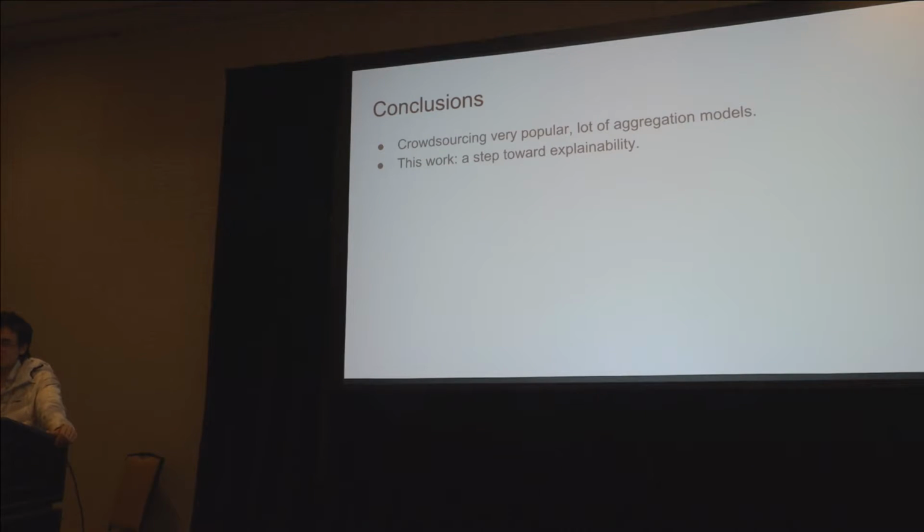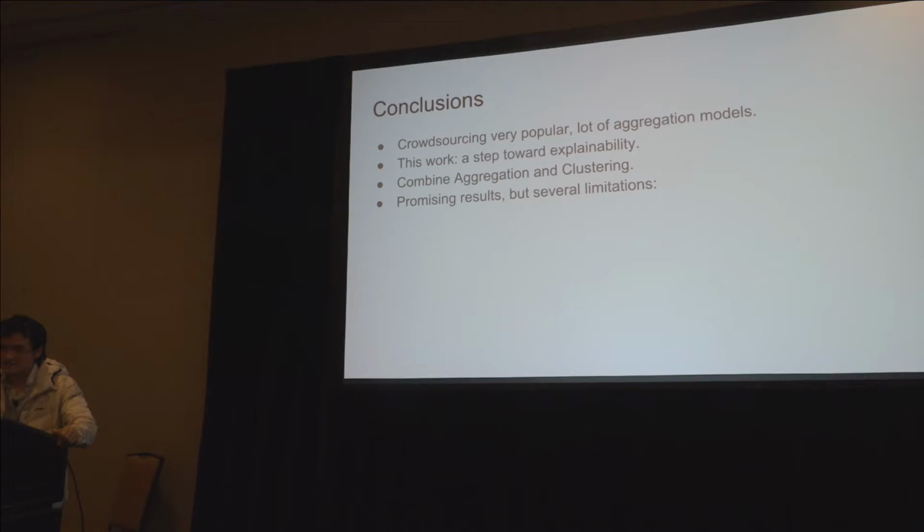In this paper, we see this as a step toward more explainable crowdsourcing aggregation, and we have the key idea of combining aggregation and clustering. There are some promising results, but I also acknowledge several limitations.